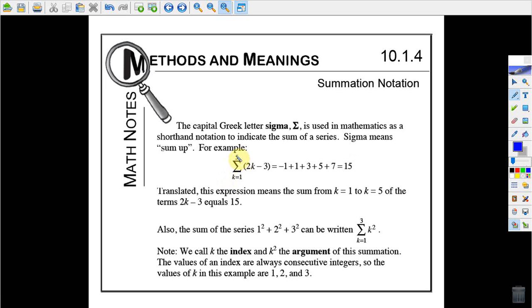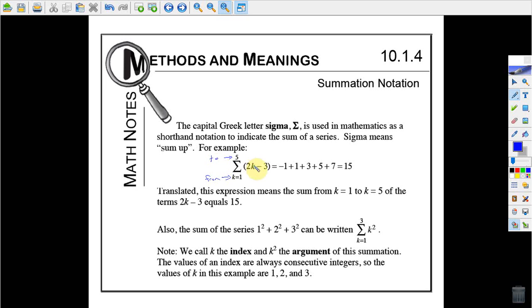So if we have this written like this, we're going to sum from the first term to the fifth term for this series. So it tells us 2k minus 3 is our series equation.